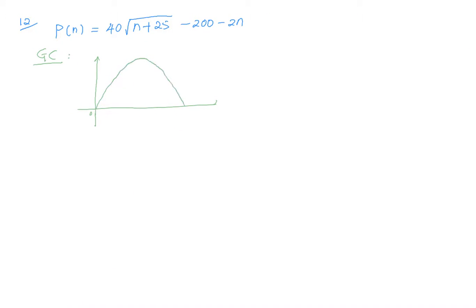Okay, now, why in this question do I ask you to do the graph first? Because in some situations, they may ask you, what is the largest number of items that you should produce so that you still have profit? So now you look, the graph will cross like that, am I right? So if you put your x maximum as 200, if you go to the window again, your x minimum is 0, am I right?